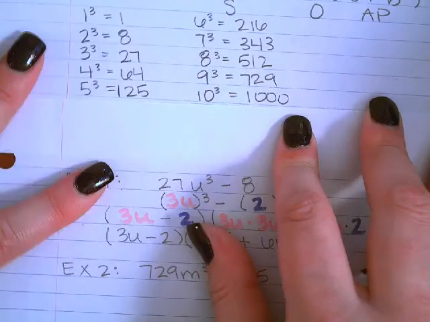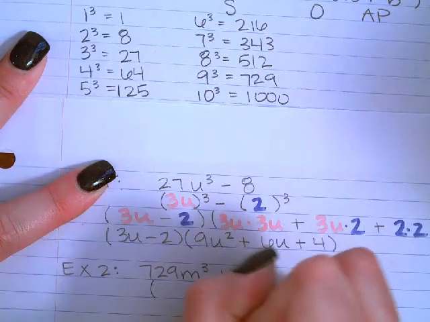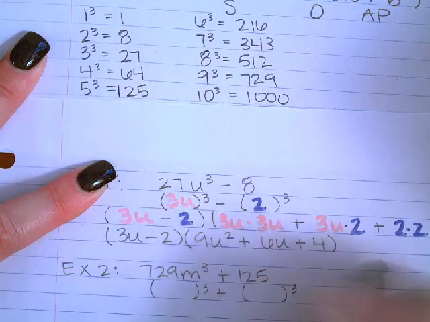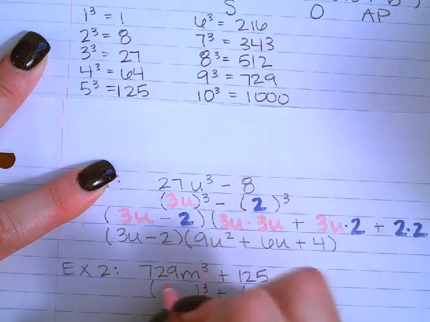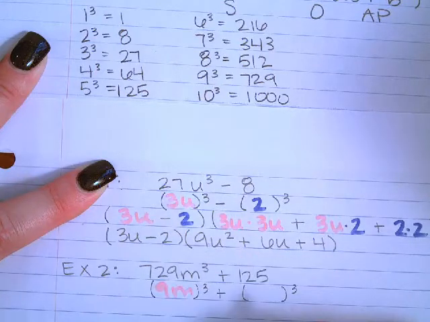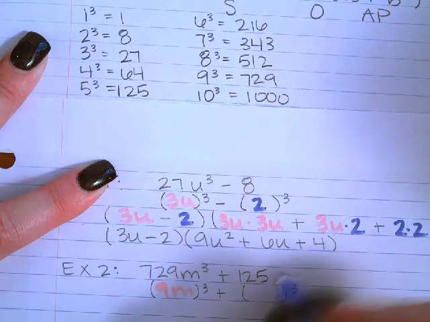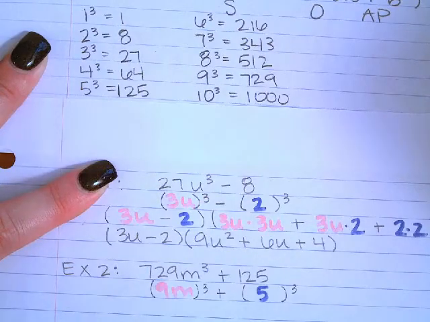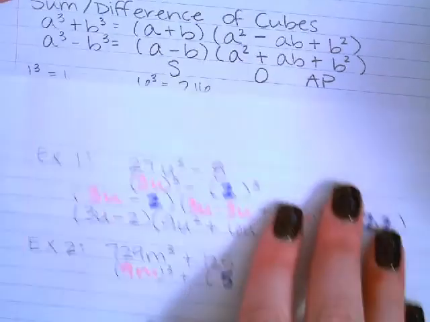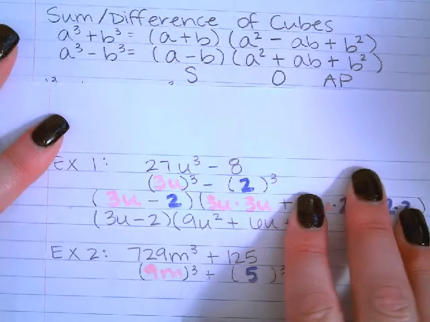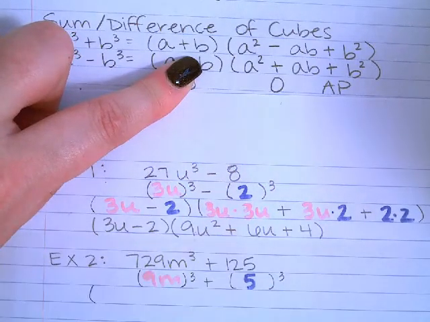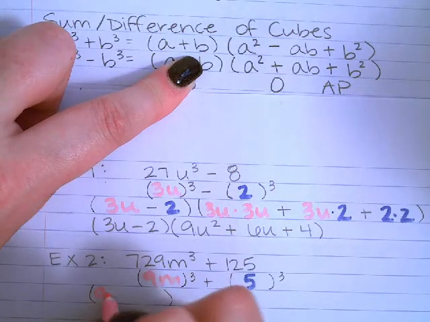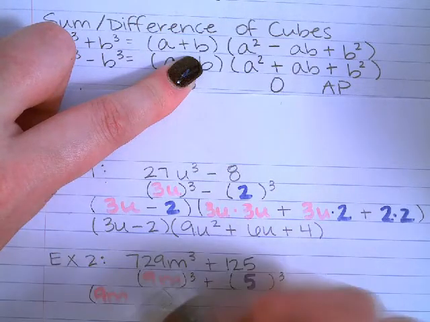So I'm going to go ahead and rewrite this. We've got something cubed plus something cubed. So the first one, 729, we said that was 9m cubed. And then over here we have 5 cubed. Okay, so I'm going to follow my pattern. We're doing the plus version this time, so I'm doing the top line. So first I have a plus b. So 9m, a plus b.